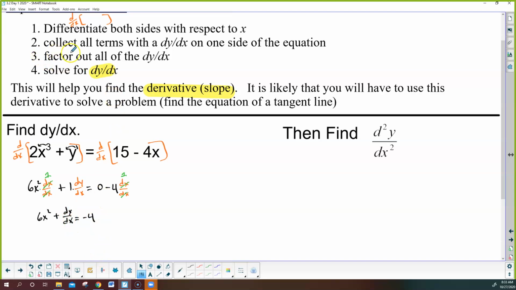And then I don't have to gather all the terms because there's only one dy/dx. I just have to solve for it. So that means the 6x squared is going to move over, and the derivative dy/dx is equal to, and then I usually like to write the squared term first. And there's the first derivative.